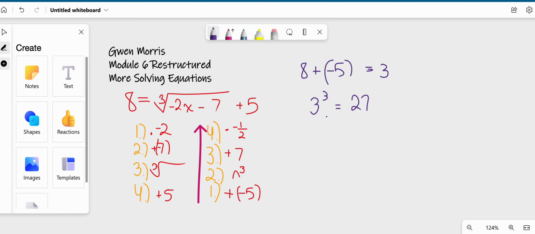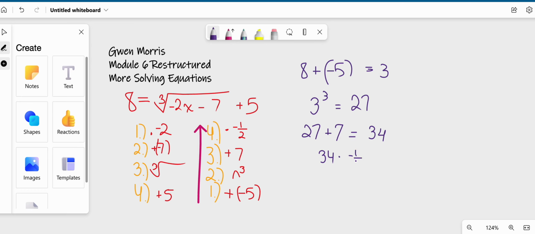Now I have 27, and now I'm adding 7. Plus 7 equals 34. All right, I have 34. I'm going to take 34 times, instead of dividing by 2, once again, I'm doing times negative 1/2.